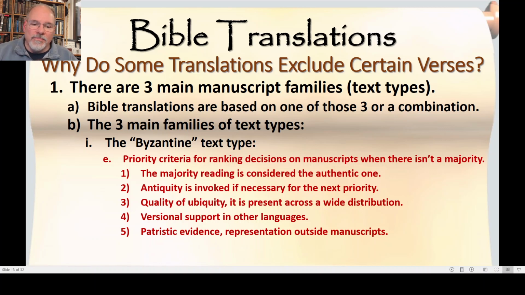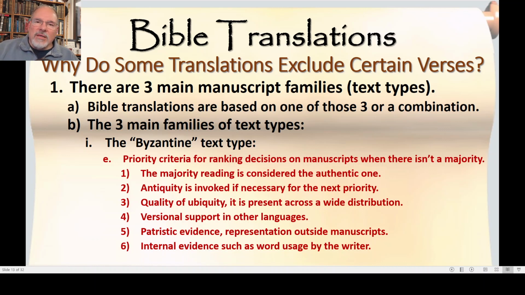Well, how did they quote them? That would play into it. And then the last one would be internal evidence. In other words, you'd look at word usage from a writer. Does this writer typically use that word or not? This is not a great way to do it, but when you get down to the sixth level, you're invoking other means.